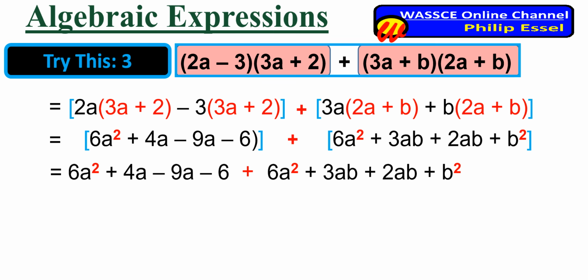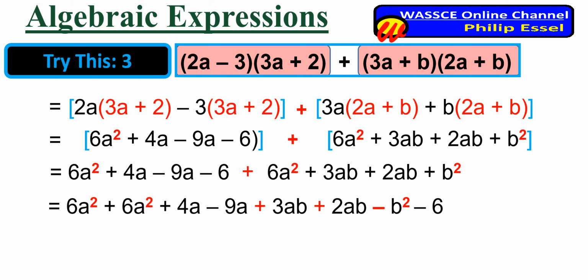So at this point, we would group like terms. And when we do that, we would get 6a squared plus 6a squared again, plus 4a minus 9a, plus 3ab plus 2ab, plus b squared minus 6.